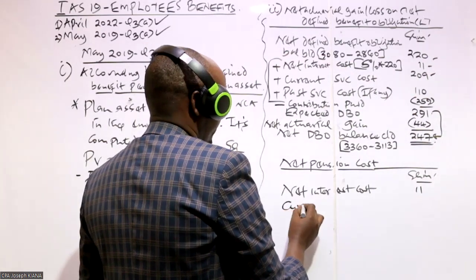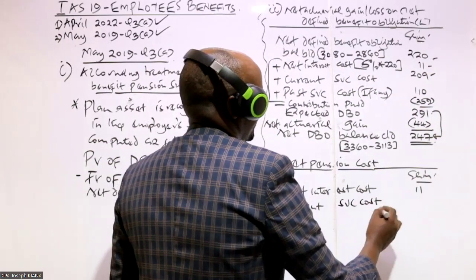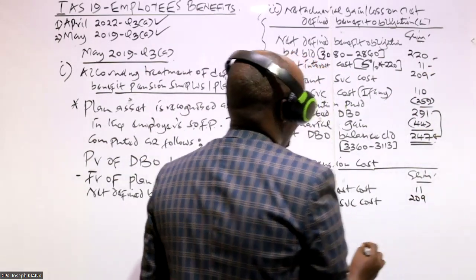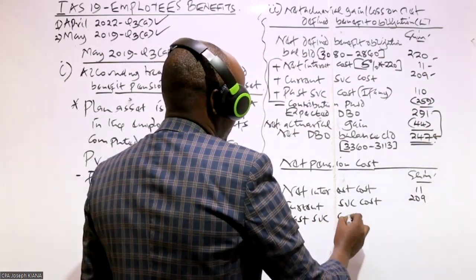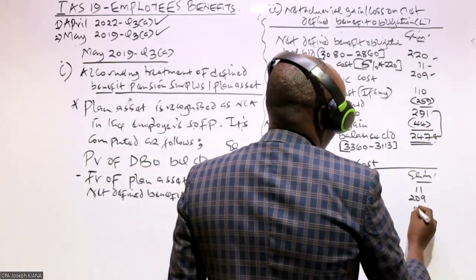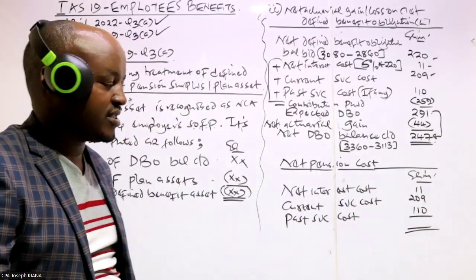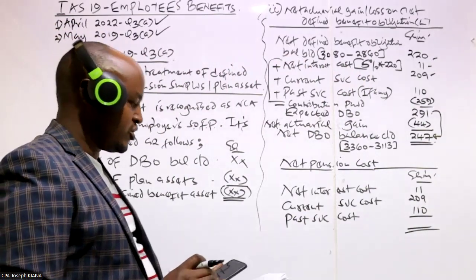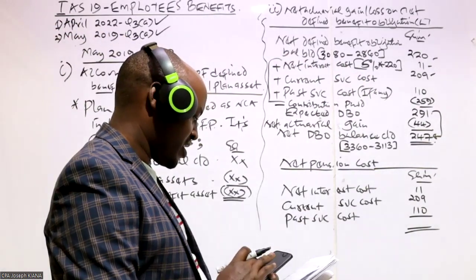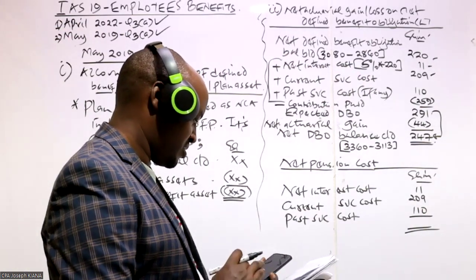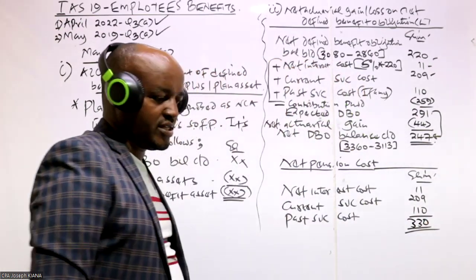To this, we add the current service cost, which is 209. And then to this, we add the past service cost, which is a figure of 110. Whatever you get here, we refer to as the net pension cost, which is recognized as an expense in the income statement. So this will give us a figure of 330. So that is the other item.